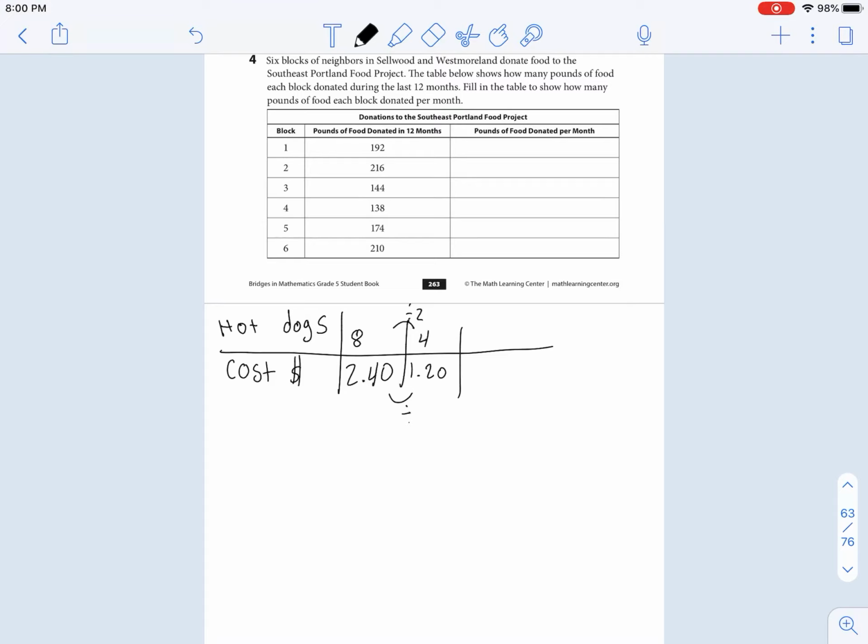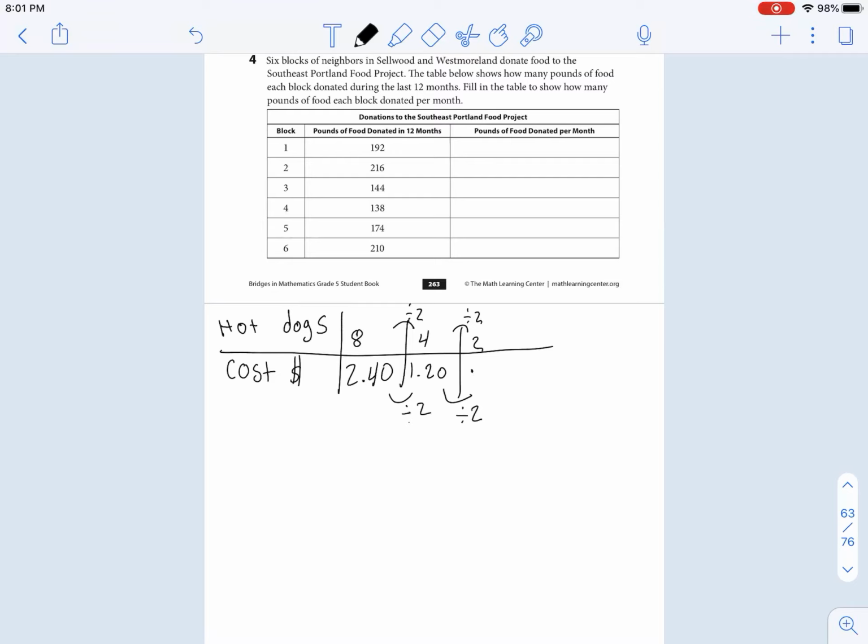I'm going to keep going. I know that half of 4, if I divide that by 2, I get 2 hot dogs. And now I need to divide $1.20 by 2. And I actually see the number 120 within that decimal. So $1.20, I'm thinking about it like 120, and I know that half of 120 is 60.